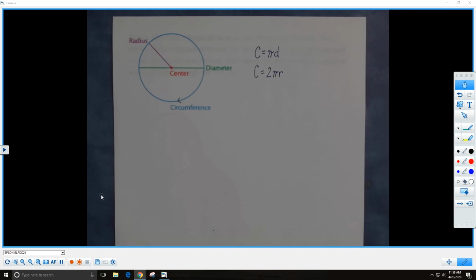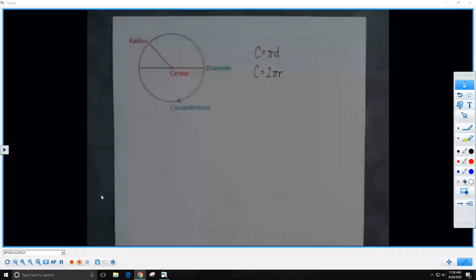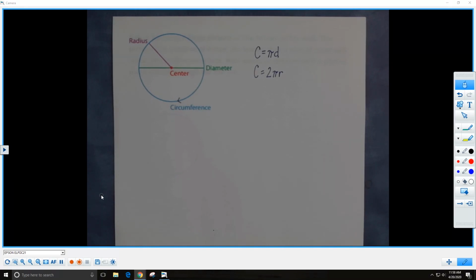Today we are going to discuss the area of a circle. Do you remember finding area of other shapes? What is area? Well, we talk about area of two-dimensional shapes. The area is the measure of the space that the shape occupies, or it is the measure of the surface of the shape. Today we will focus on finding the area of a circle.